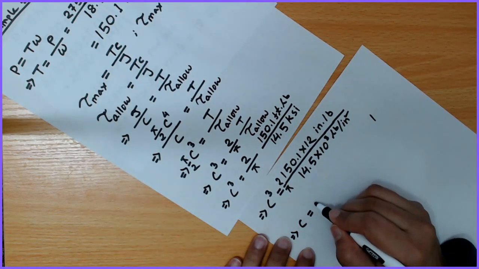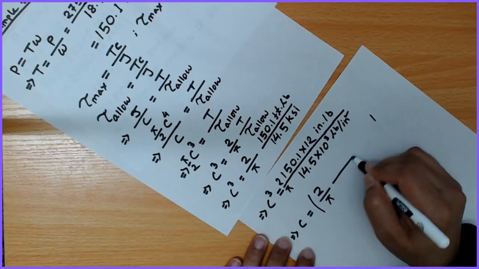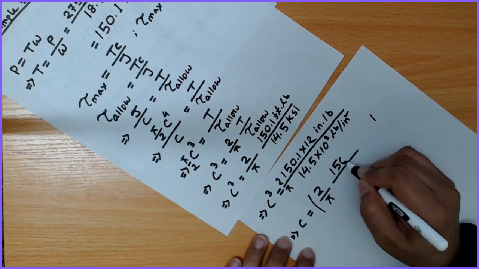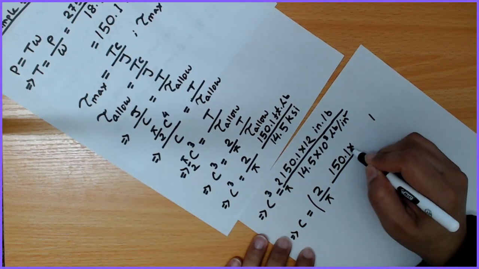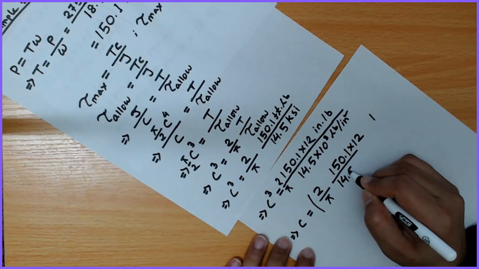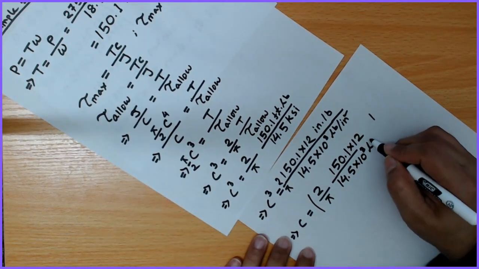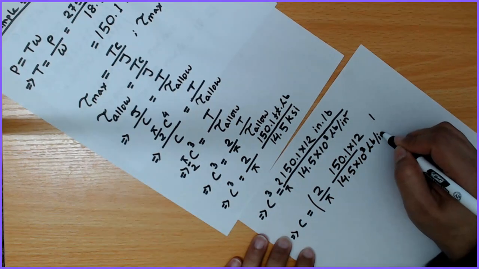So this is 2 by pi, 150.1 multiplied by 12, over 14.5 into 10 to the power 3 pound per inch square.